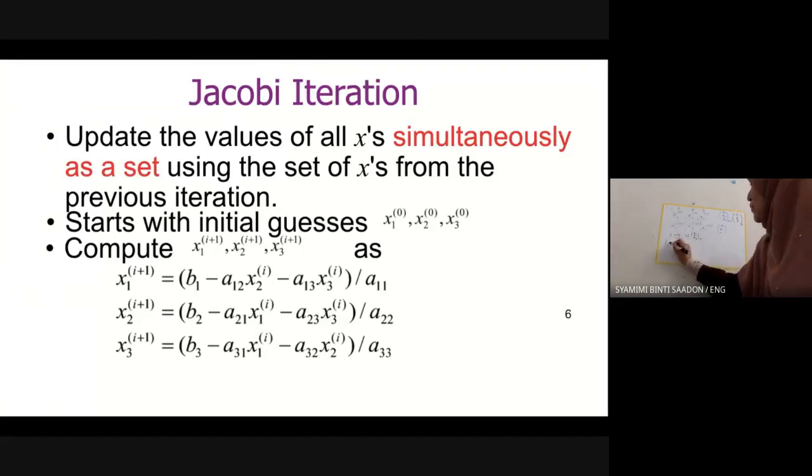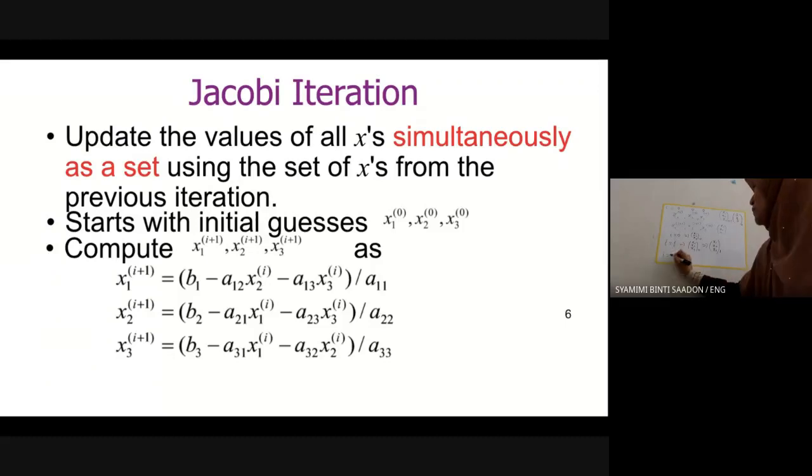And then when we want to get I 1, we still use all the initial value 0 to get S1, S2, S3 at 1 in the first round.